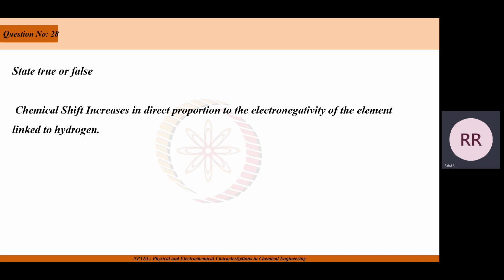If you have a molecule and you have a hydrogen, and some atom is linked to the hydrogen atom, how does the electronegativity of that particular atom determine the chemical shift? Is it directly proportional, or how does that actually work? So yeah, I can give you a few seconds to think about the answer, then I'll discuss the answer with you.